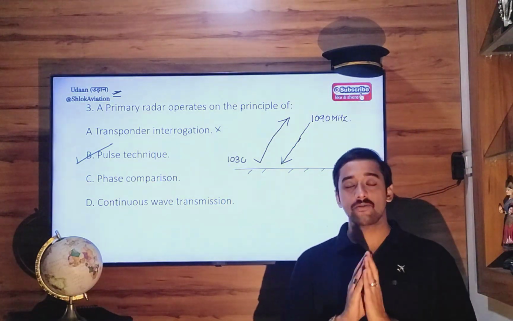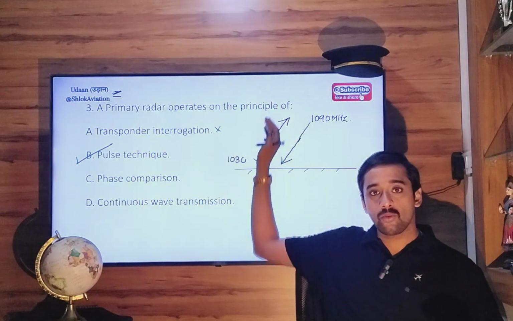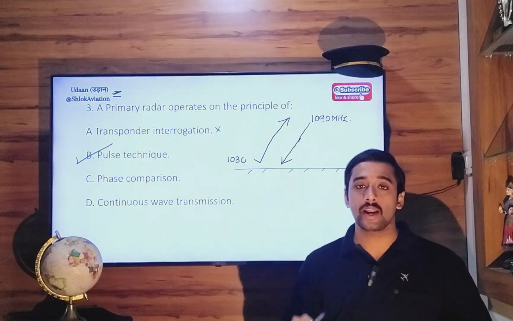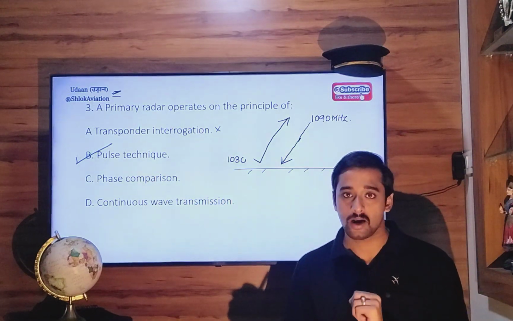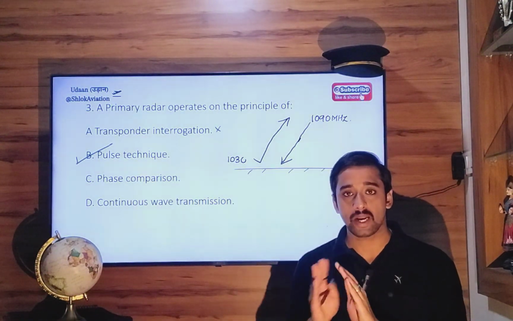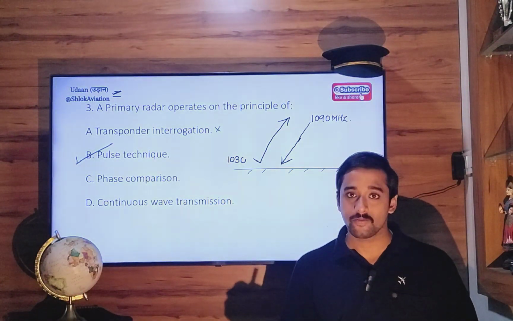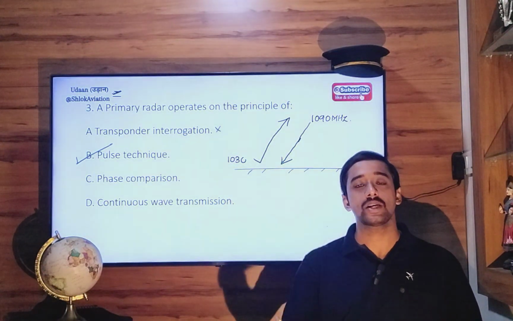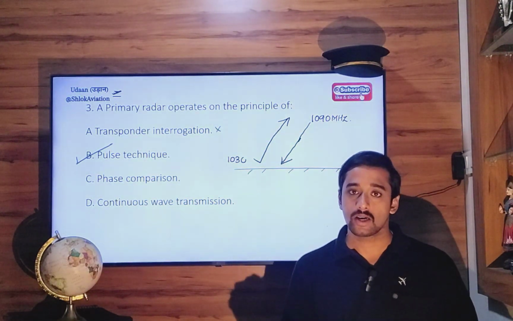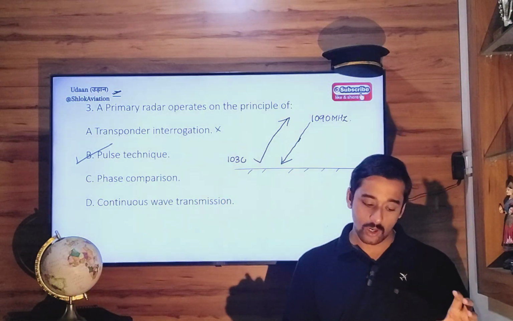So the frequency at which the ground will send the radio wave will be 1030, and the frequency at which it will receive the reflected radio wave will be 1090 megahertz. So 1030 and 1090 are different frequencies separated by 60 megahertz. This is the operation of secondary radar. The frequency at which you transmit the wave will be different from the frequency at which you are receiving the reflected wave. That is called secondary radar.